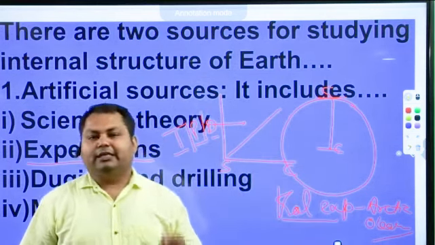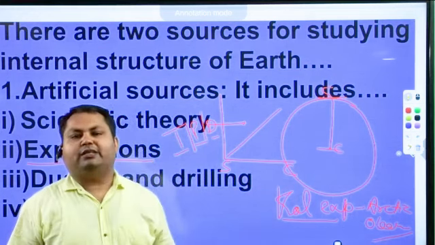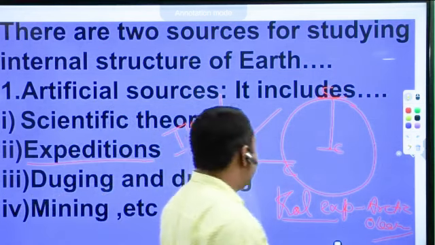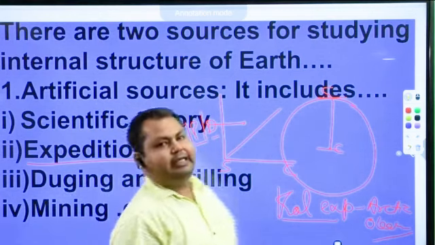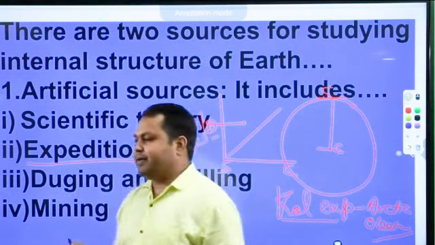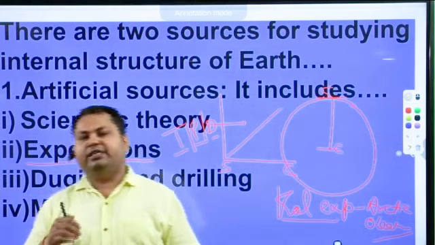In the laboratory it was analyzed that the temperature, pressure, and density of the Earth's internal material increase.